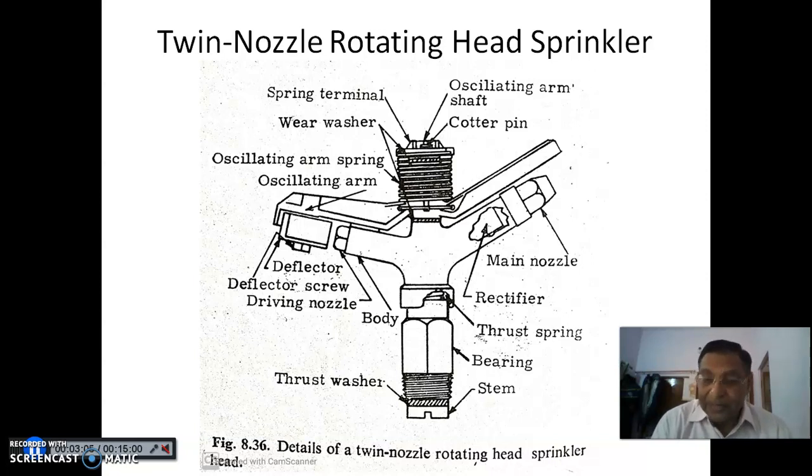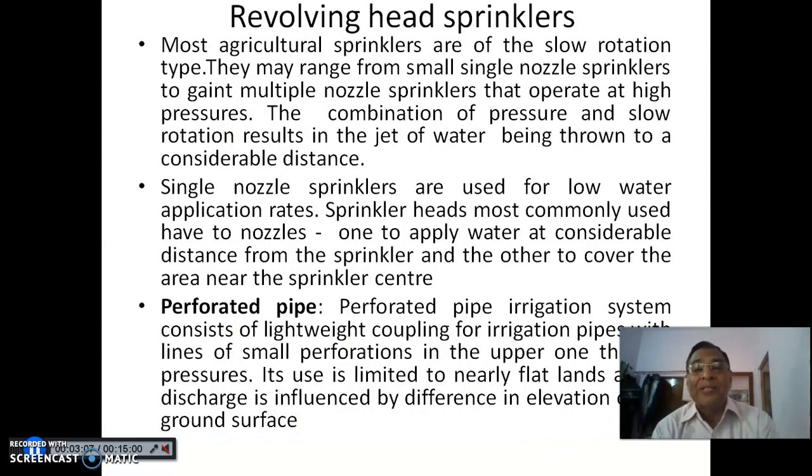Next, let us discuss the revolving head sprinkler. Most agricultural sprinklers are of the slow rotation type. They may range from small single nozzle sprinklers to gained multiple nozzle sprinklers.